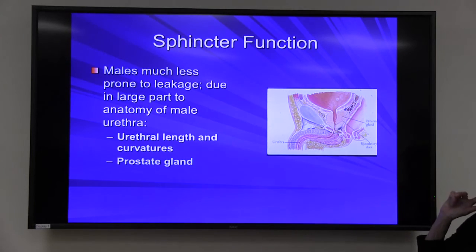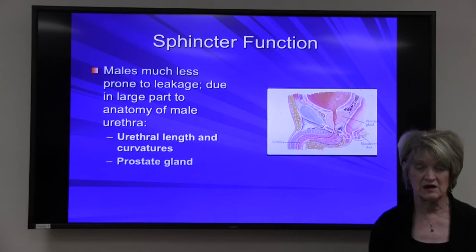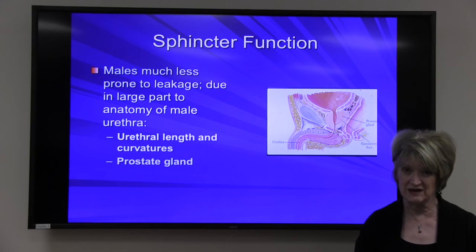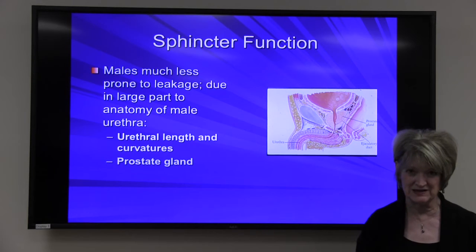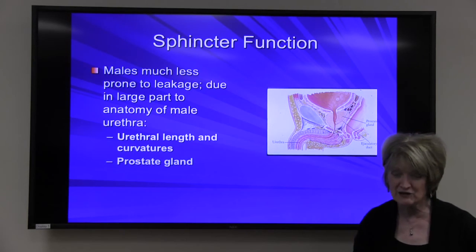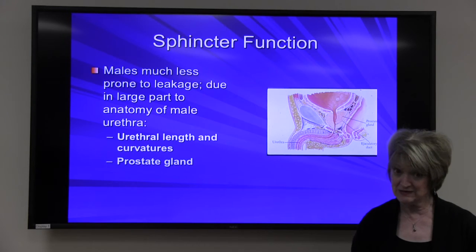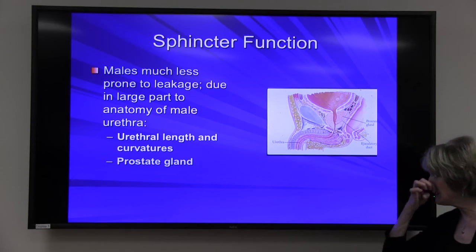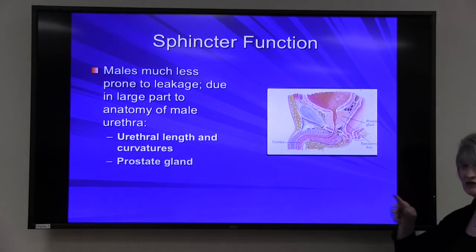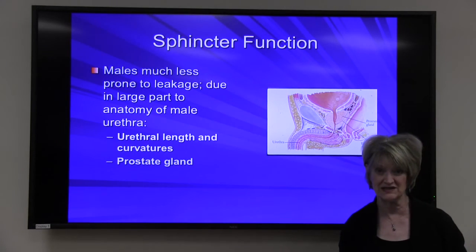Now we know that men are much less prone to incontinence. I don't know if I've ever heard a man say, don't make me laugh, I'll wet my pants. I've heard lots of women say that, and I've said it. But I don't hear my husband say that, and I don't hear other men say that. And that's partly because of anatomical differences that significantly increase their level of urethral resistance.